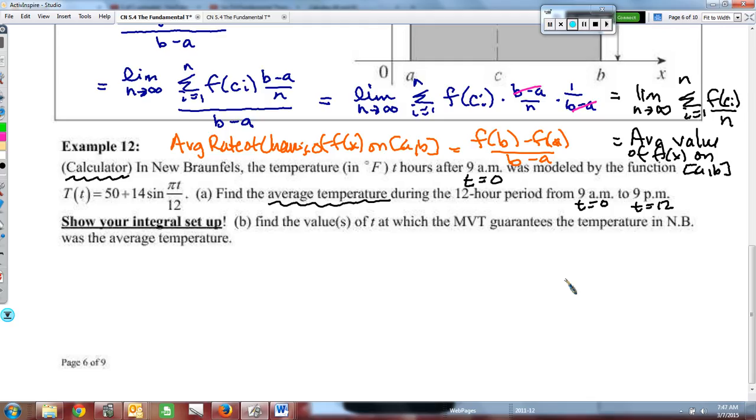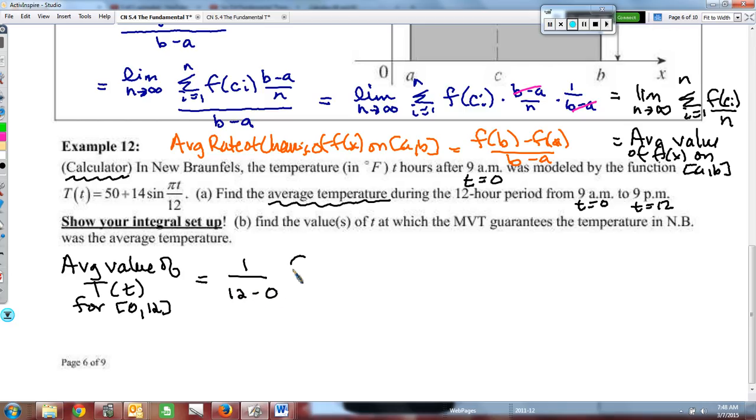So you look at this, they're not asking for the average rate of change, they're looking for the average temperature. So the average value of this function T of t for the interval 0 to 12, I'm labeling what I'm finding, would be 1 over 12 minus 0, the integral from 0 to 12 of my function, 50 plus 14 sine of pi t over 12, dt.